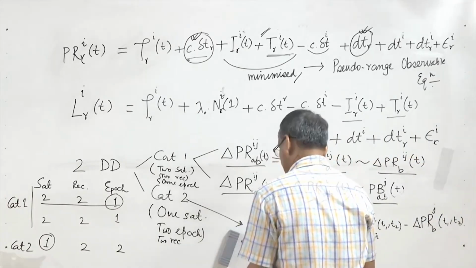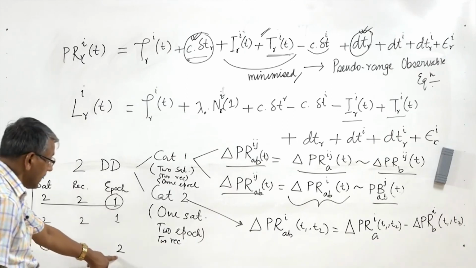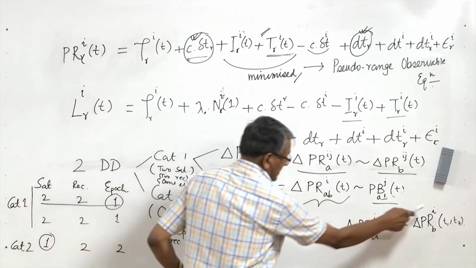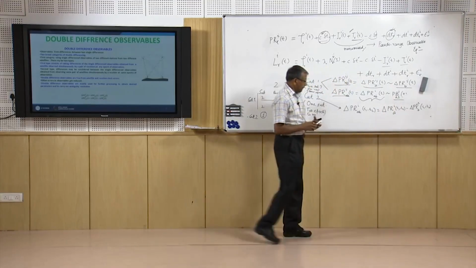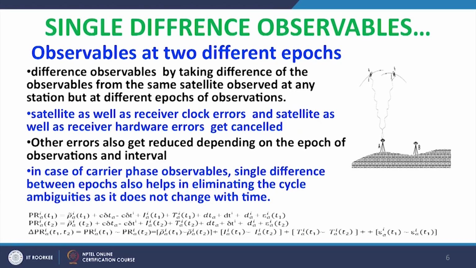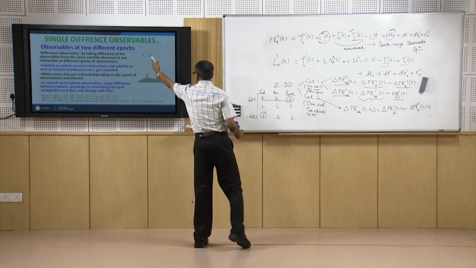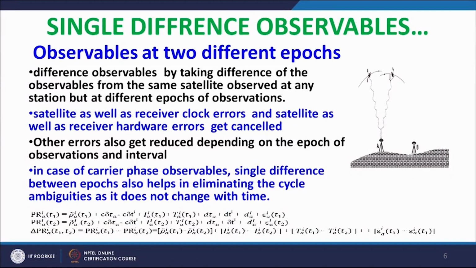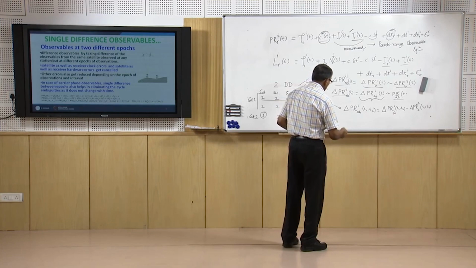So single satellite, two receivers, two epochs. That is the variety as we have seen it. This is the first one, and then when I take it for the same instant, this will come here. The difference of these two will provide us the double difference.